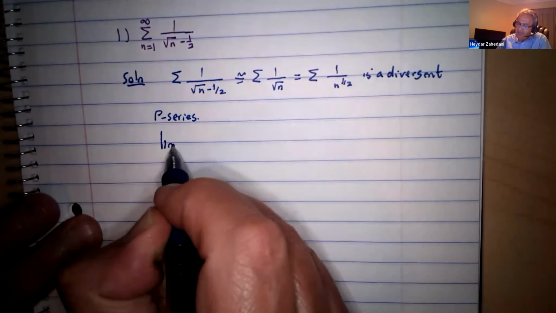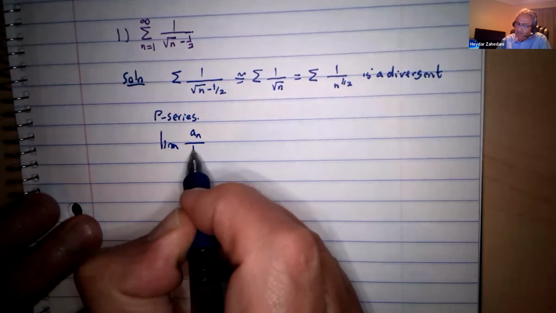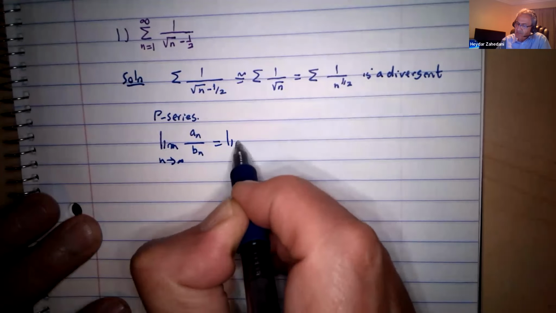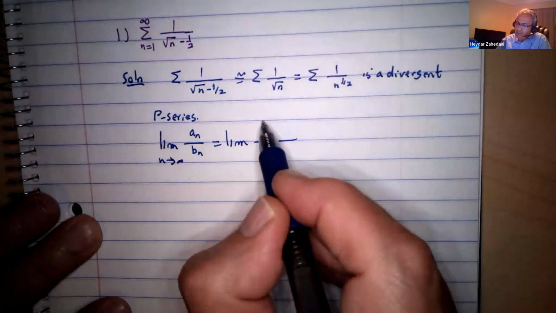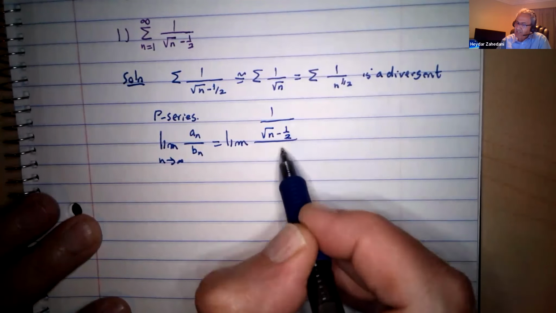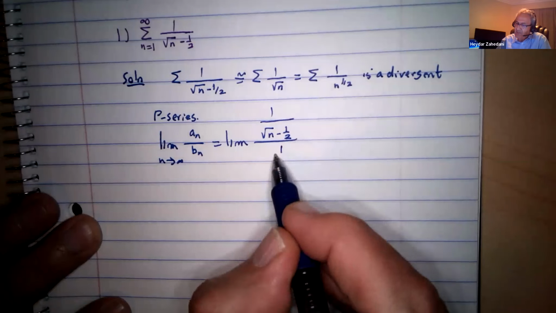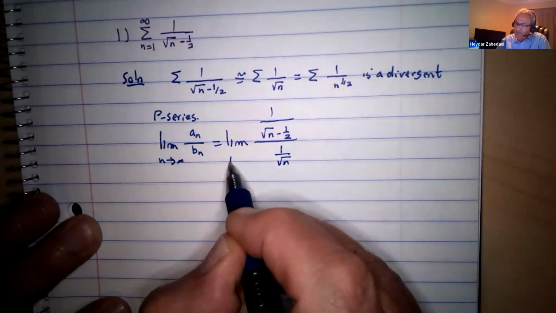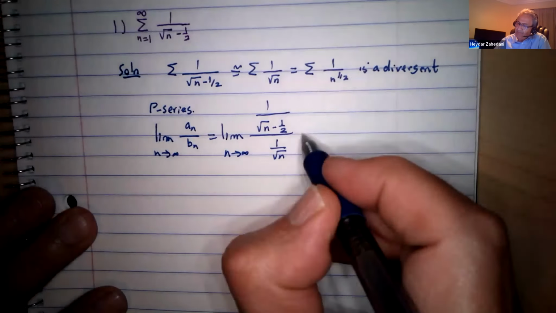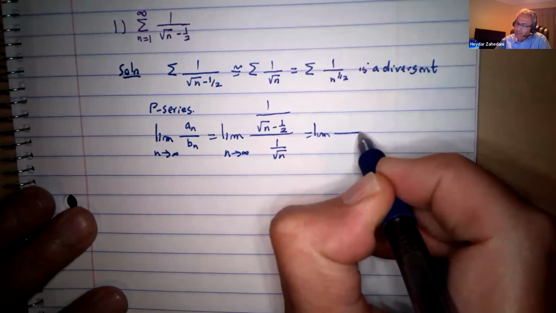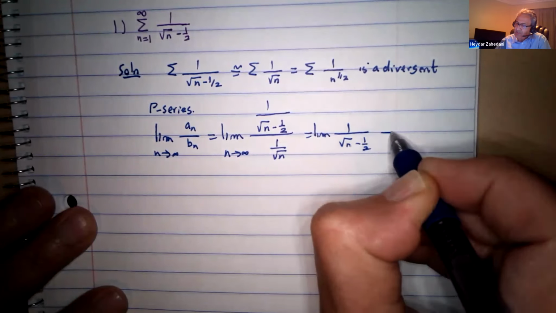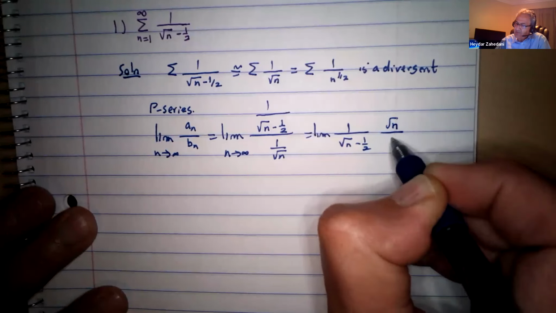You see the limit of an divided by bn as n goes to infinity, which is the same as the limit where an is 1 over radical n minus 1/2, and bn is 1 over radical n. You have to prove that this limit is not 0. So the first part is 1 over radical n minus 1/2; use the reciprocal, which gives radical n over 1.